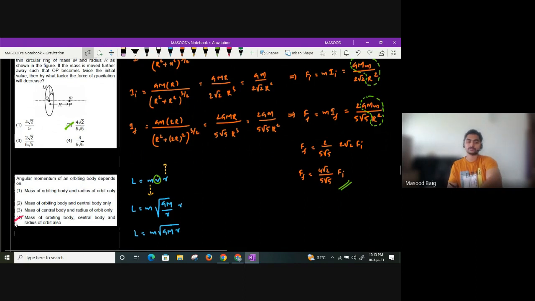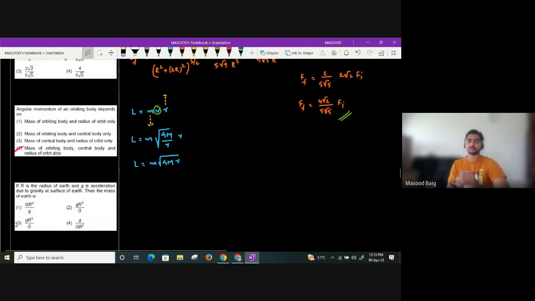Clear, everyone? Basically, in case of satellite motion or planetary motion, we will neglect the spin angular momentum of the planet or satellite. The only momentum which we consider will be orbital angular momentum. How much will that orbital angular momentum be? It will be m into v into r.